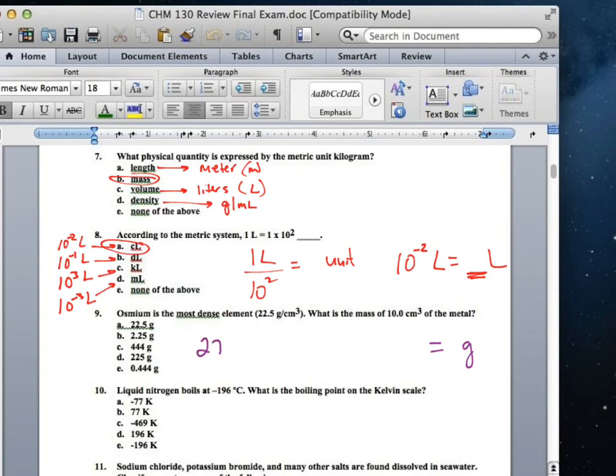I'm here in the 22.5. I'm okay with that. Why would you put 22.5 grams over centimeters cubed as opposed to 1 centimeter cubed over 22.5 grams?